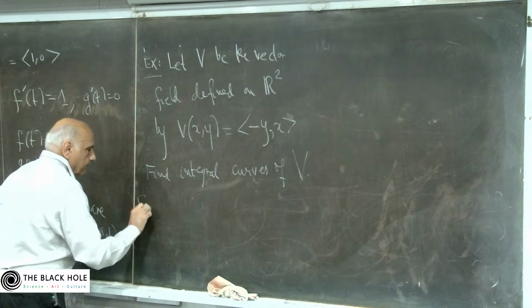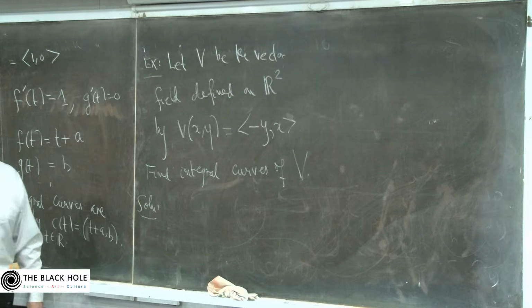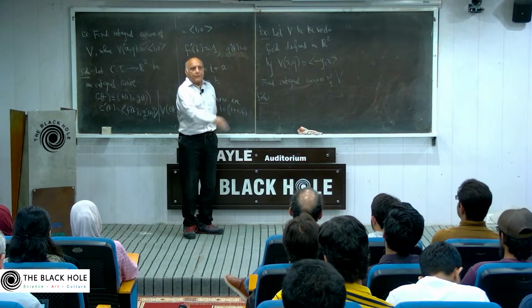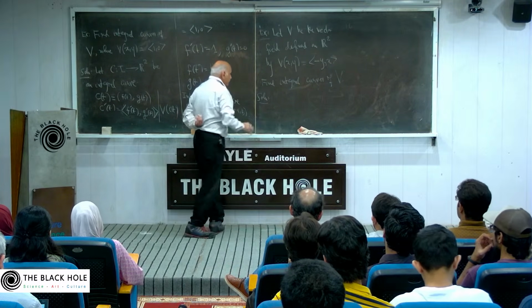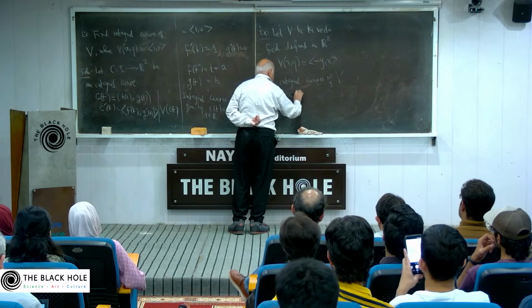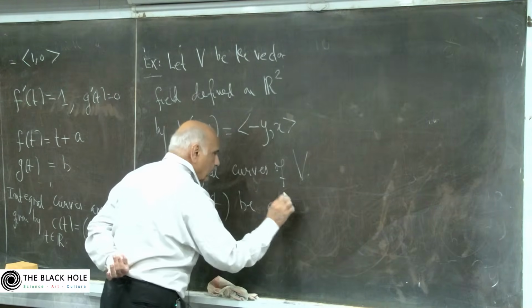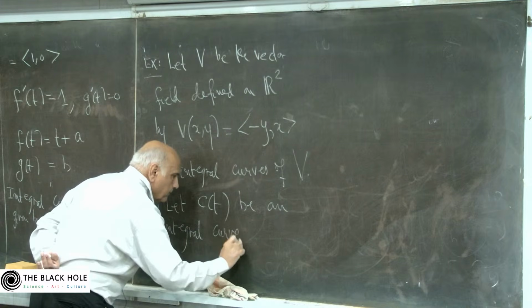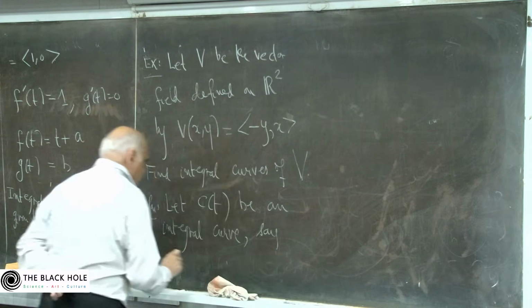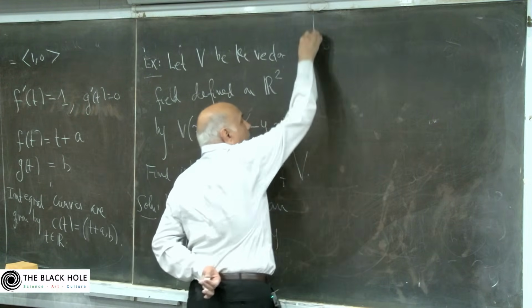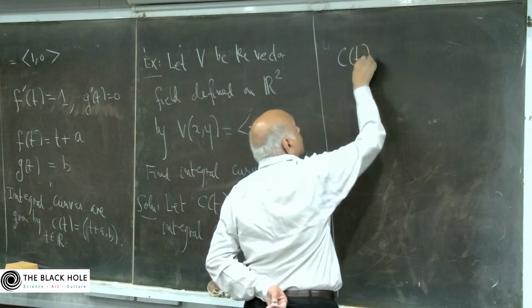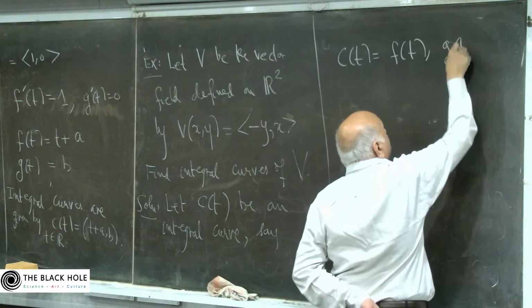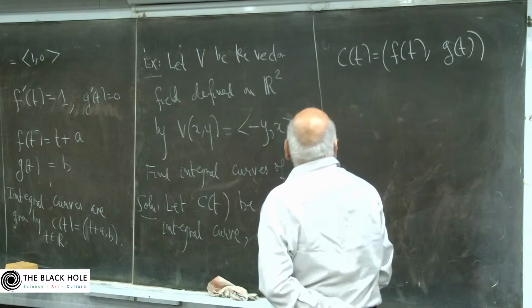So how will we start? Let C(t) be a curve, and you give names to its components. Say C(t) is equal to (f(t), g(t)).